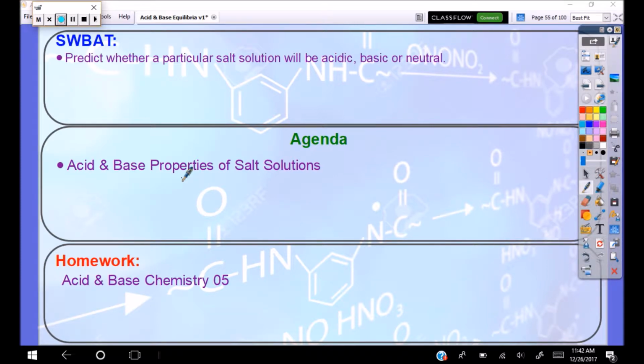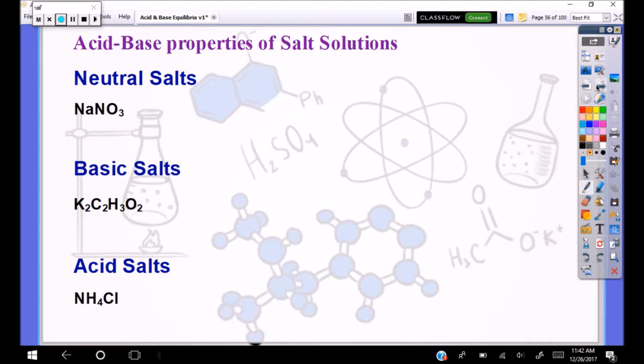So when we are looking at acid and base properties of salt solutions, we have to remember back to the solubility equilibrium part of the last unit, and how there's the common ion effect. Due to the common ion effect, when you have ions in solution, that actually can affect our pH, because those ions can interact with water.